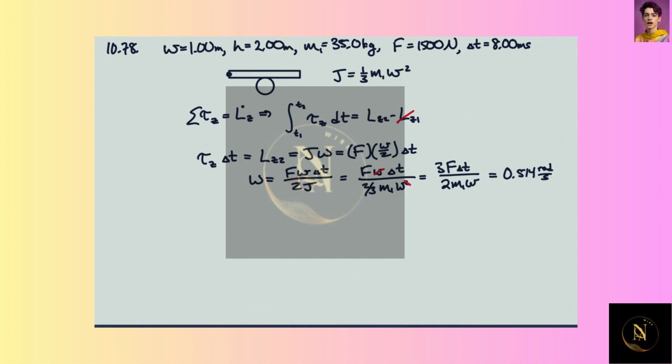Now substituting in the mass moment, one of the w's cancels out, and we get 3 halves f delta t all over m w. Plugging in our values, we get 0.514 radians per second as the speed of the door after the collision.